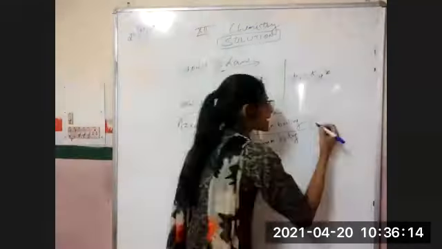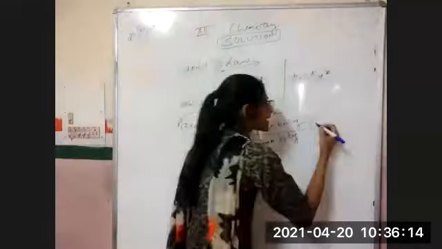So colligative comes from a Latin word which defines that all those properties of a solution which depend only on the number of molecules of the solute or solvent rather than the nature are known as colligative properties. I'm repeating it again. All those properties of solution which are only dependent upon the number of molecules of either solute or solvent rather than the nature are known as colligative property.